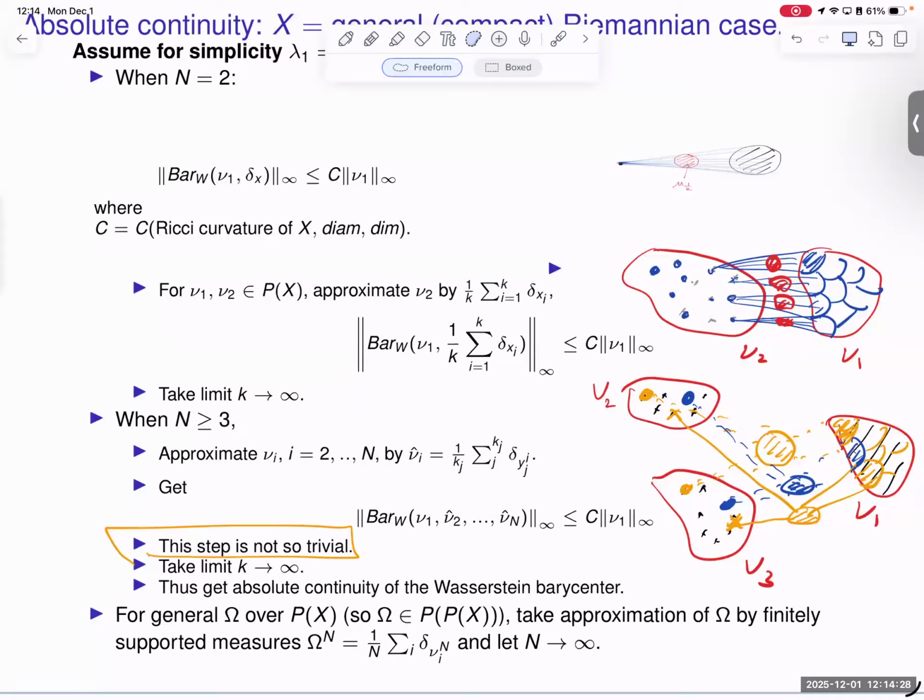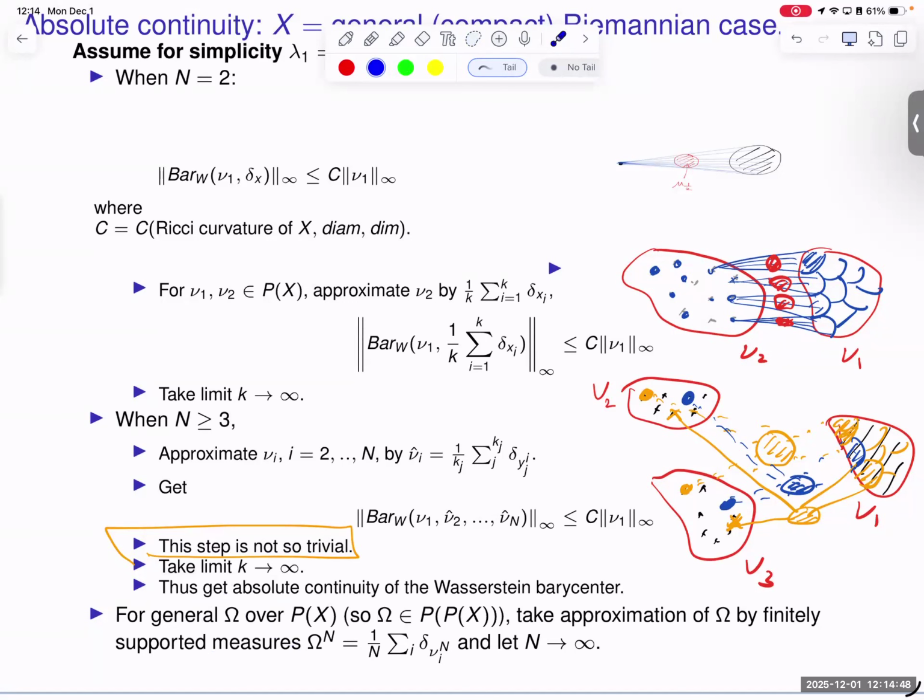Suppose your omega has some nice property. Then omega consists of very nice measures, like very smooth and very nice shapes. Then what kind of nice properties can this Wasserstein barycenter inherit?